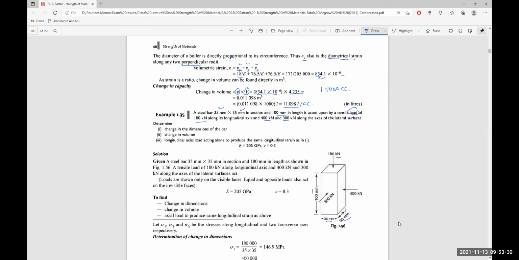It is also already written as tensile, but it is shown as a compressive load. That is, it will be the compressive load itself.